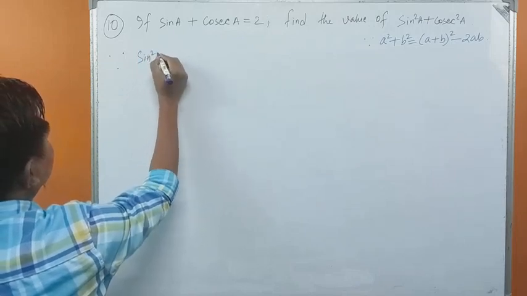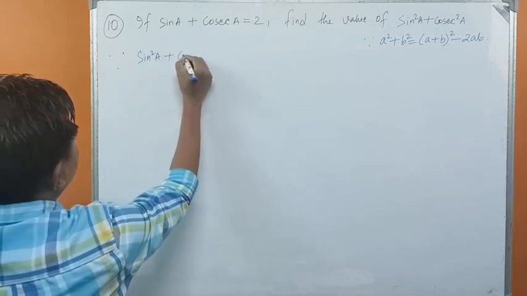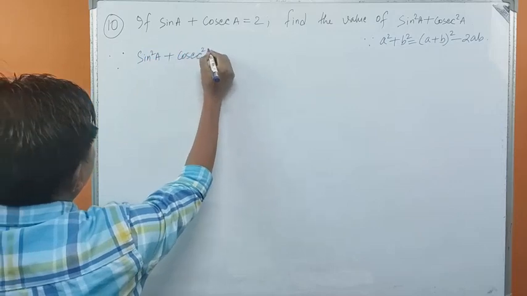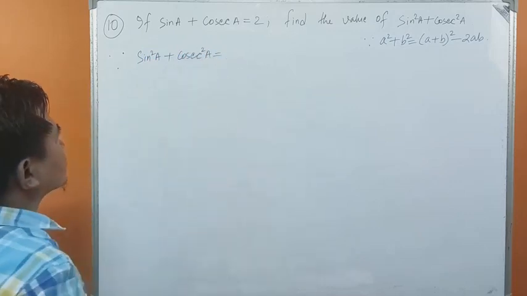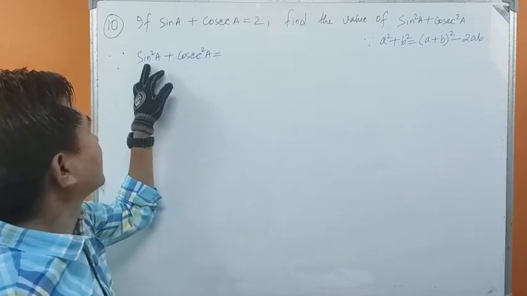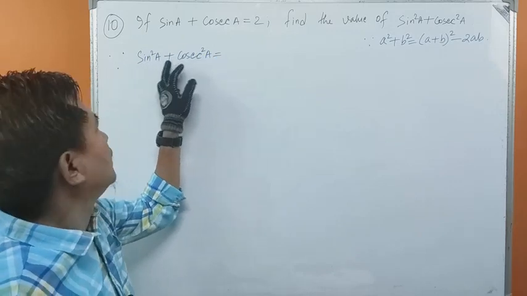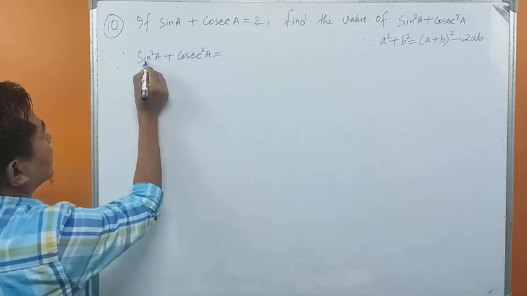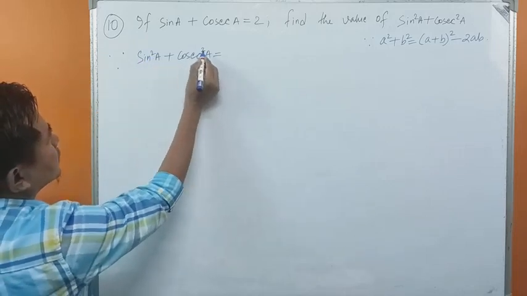sin square a plus cosec square a. Now let's assume sin a as a and cosec a as b. So a square plus b square, isn't it?